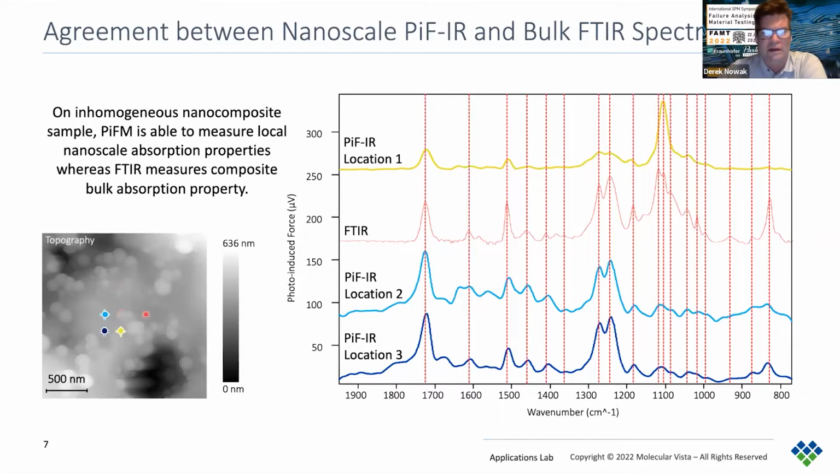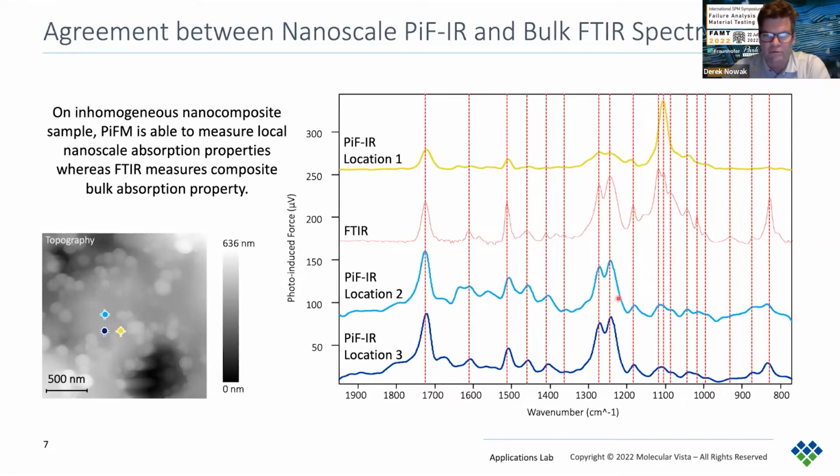But if you then look at the PiFM results in location 1, 2, and 3, which are highlighted by this blue, black, and yellow spot, you can see that we're pulling out individual components. And so you're seeing a change in what peaks are represented. If you look at the yellow spectrum here, you'll see there's a dominance in this 1100 region. Well, this is a silicon oxide bond region.